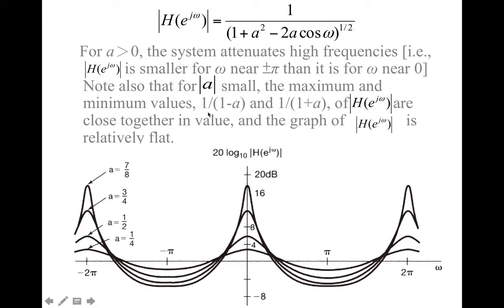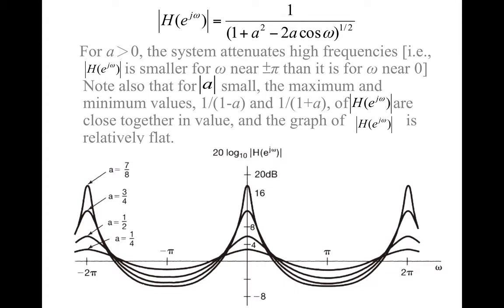So that means the value 1 divided by 1 minus a is bigger than the value of 1 divided by 1 plus a. That means at low frequency, the magnitude is higher than at high frequency. And also, the closer a is to 1, remember a needs to be between 0 and 1, so that most can be 1.